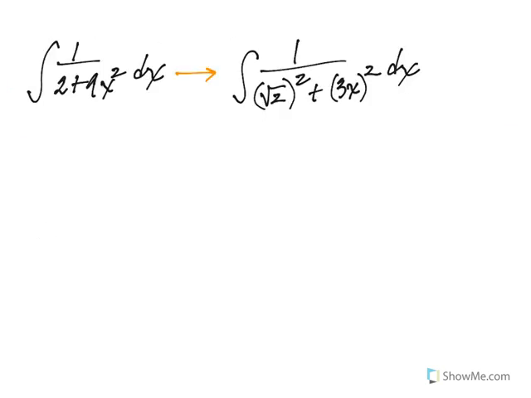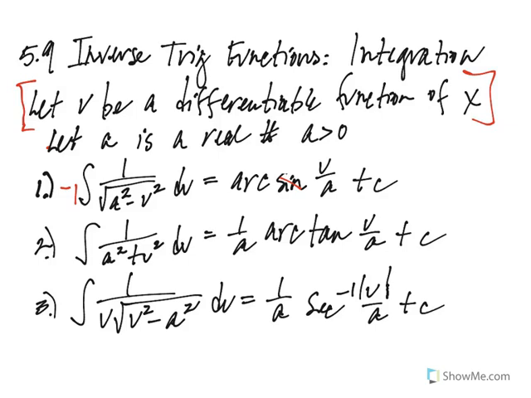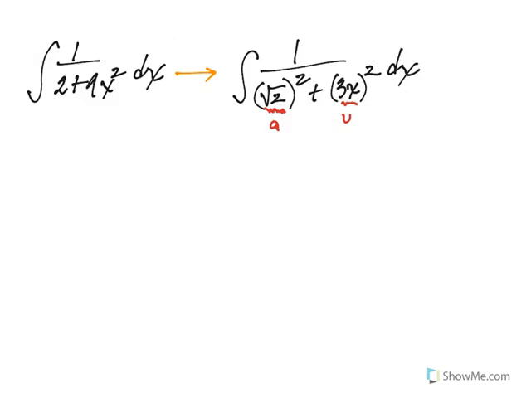And what you can see here is that this is exactly what I'm doing. See the innards here, this is a, the innards here is u. Now also, one other thing. u will always be a differentiable function of x. That's the preamble right here. So your x value will always be the u. The a will always be a real number, which again is why this part's a and this part's u.